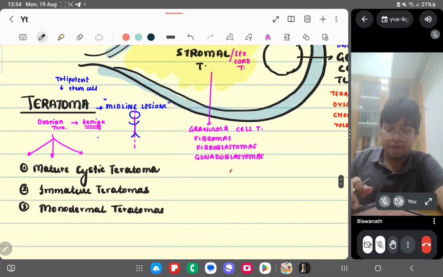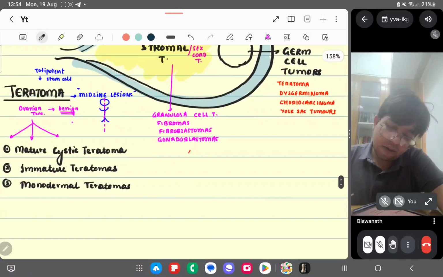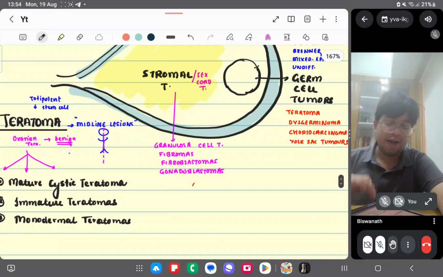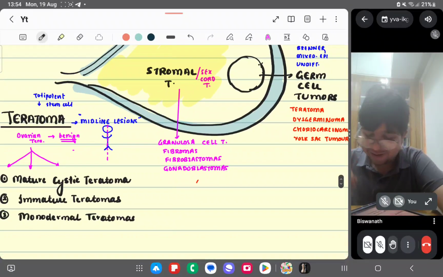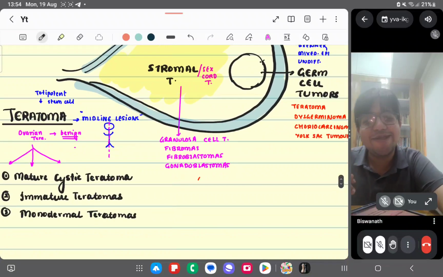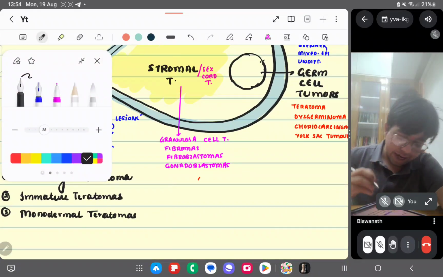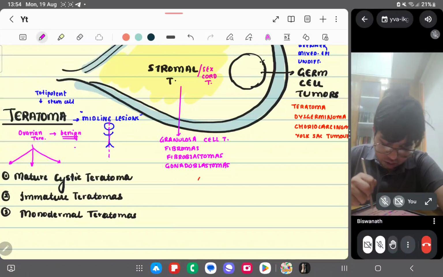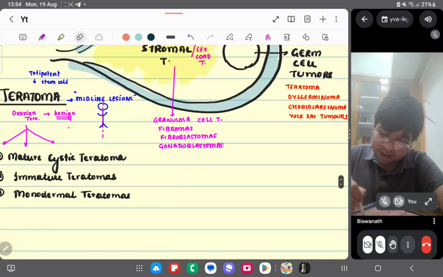I hope you don't have any problem if I'm using this kind of pen, because I personally like this kind of writing. If you feel any difficulty in understanding, do tell me in the comment section. Otherwise, I will continue to use this kind of pen.